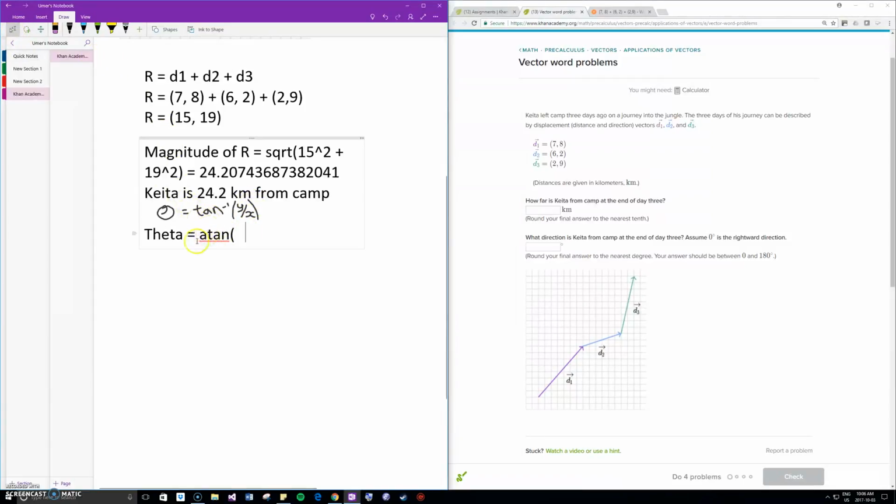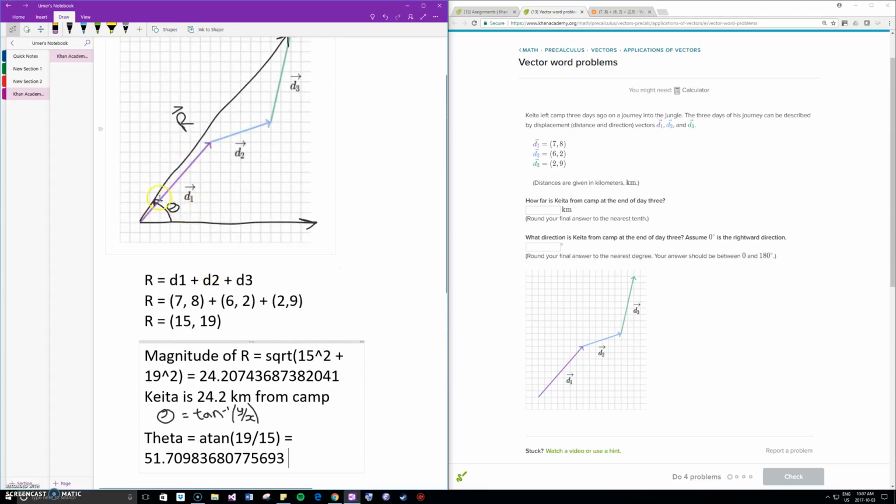Inverse tan, that's the same as arctan. So you see a tan quite a lot for that. So y over x, the y component is 19 and the x component is 15. Oh, nice. OneNote can figure that out too. I think this is in degrees.